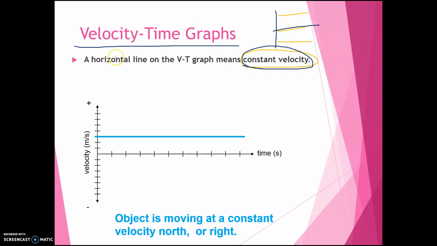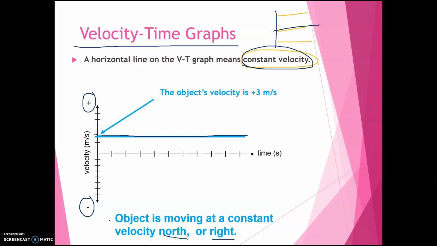So for this first scenario, we have a constant speed in the positive position. So remember, positive position of the graph here, negative is down here. So this line is in the positive position, meaning it has some sort of positive velocity. So maybe the velocity of the object is moving north or to the right. So this is some sort of constant speed.